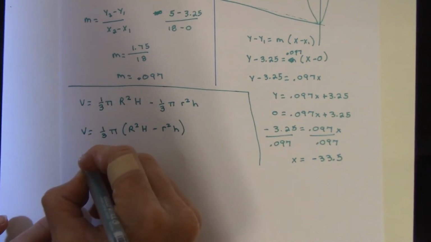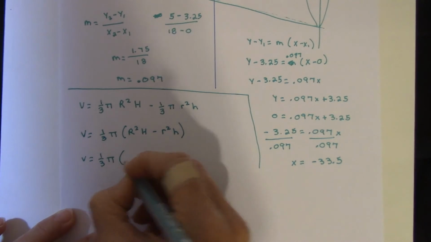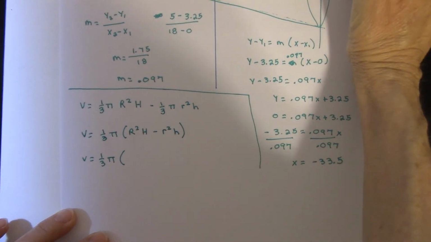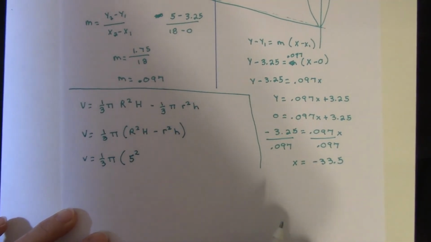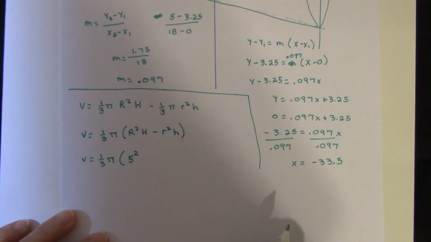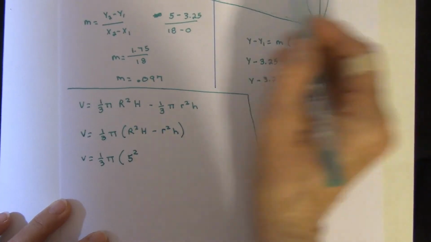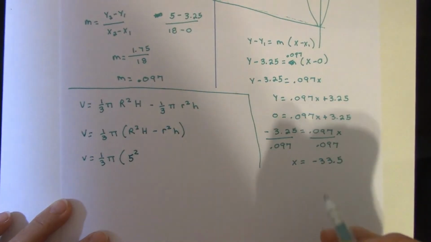So what I have right now is 1/3 pi, and I need the radius of the big cone, which is right here, so that's 5. And I need the height of the big cone. This is 18, and this length is 33.5.